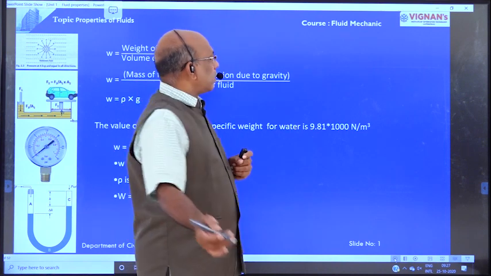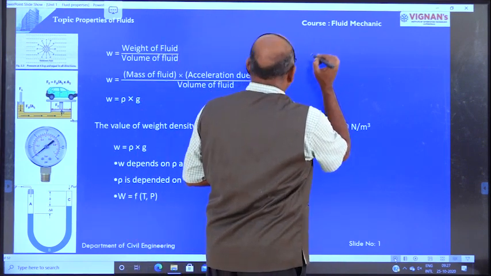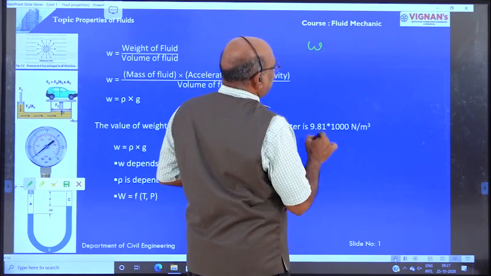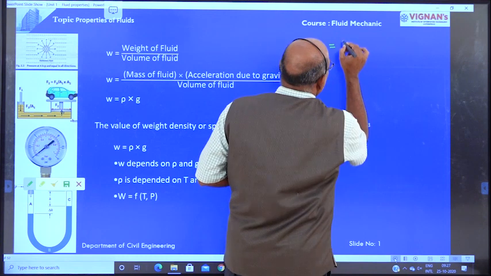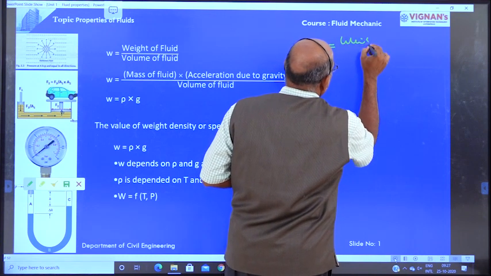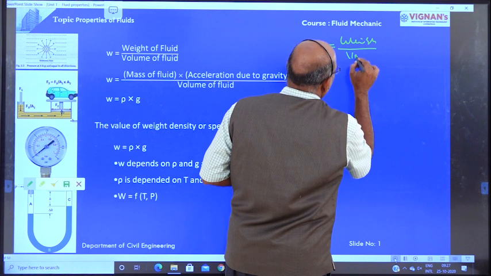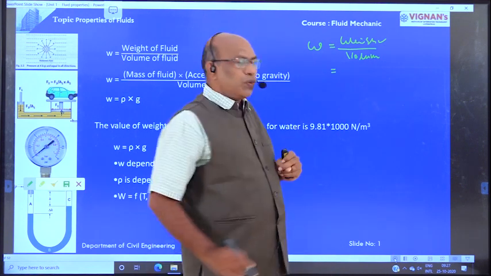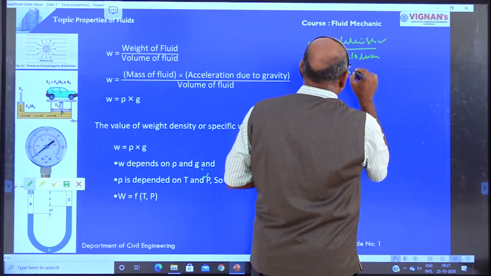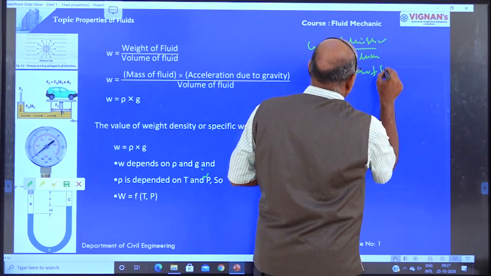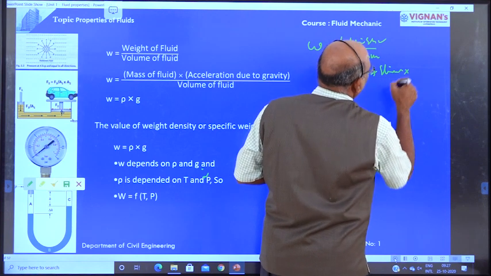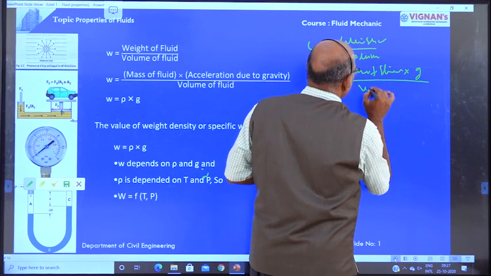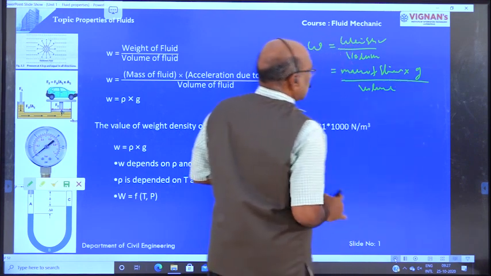Density and specific weight. We know one standard formula: weight density or specific weight is equal to weight per volume. Weight is also nothing but mass of fluid and acceleration due to gravity divided by volume, right?